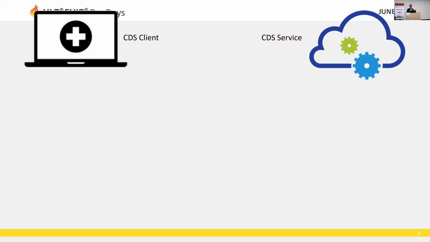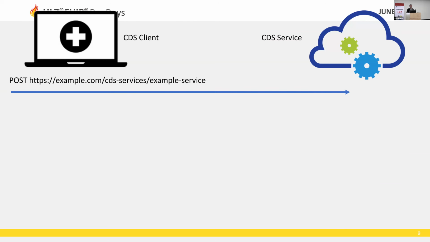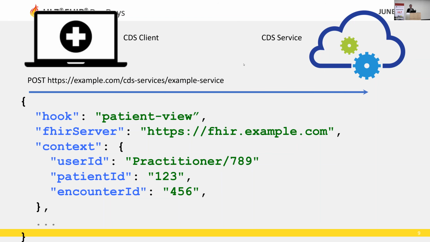Digging into that a little deeper, the CDS client invokes the CDS service using the endpoint, CDS services, example service in this case. The request says what hook we're invoking and passes a FHIR server along with some context information, what user is in context, what patient, what encounter.